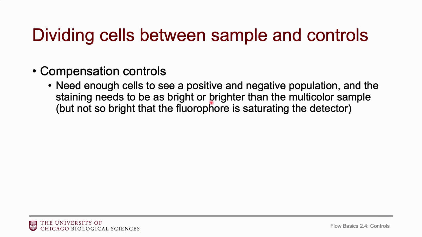If you reduce the number of cells, you might get reduced intensity of the fluorophore, or if you screw up your pipetting and you accidentally pipette a smaller volume than you intended to, which is the problem with pipetting small volumes, you might end up with a dimmer fluorophore on your control than the multicolor sample, and then you will run into compensation errors. So just keep those in mind.